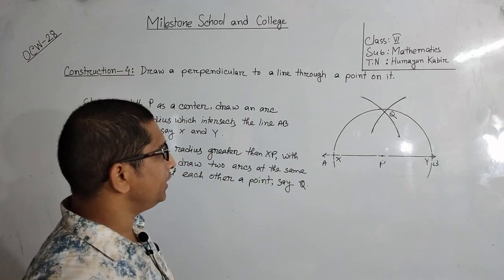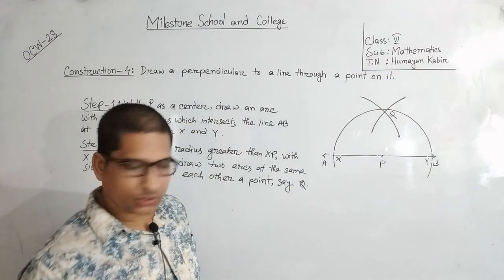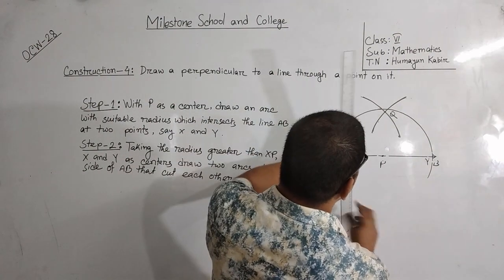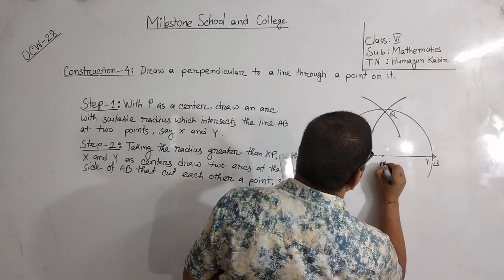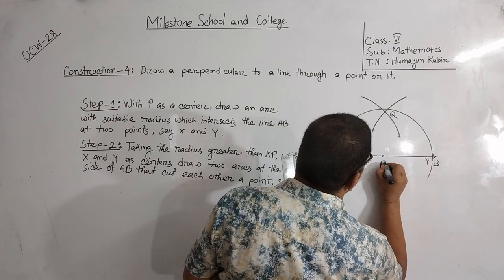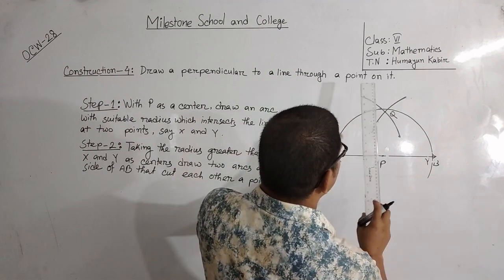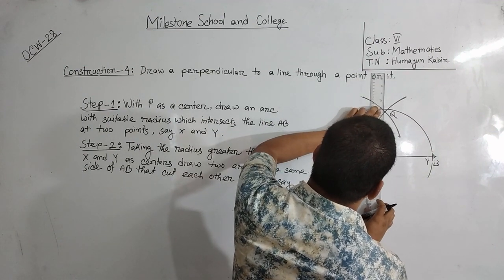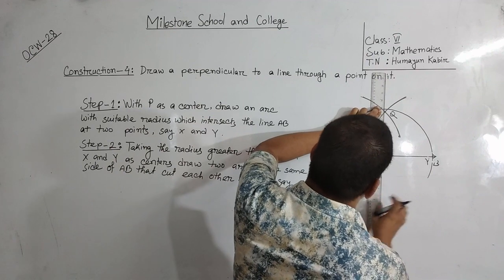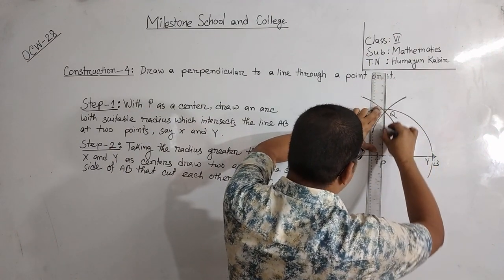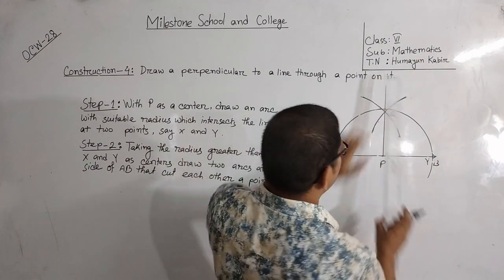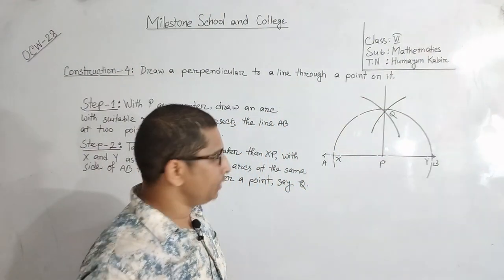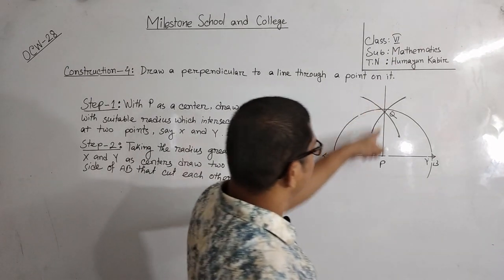Okay. Now in our next step, what will we do? Here, look at here. Here we will join these 2 points. Here this point is P, and here this point is Q. So we will join these 2 points P and Q. Then we will get this PQ line.